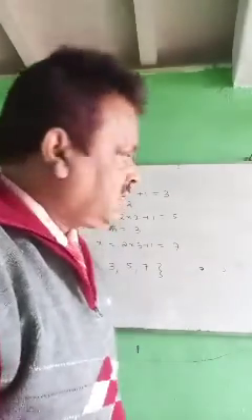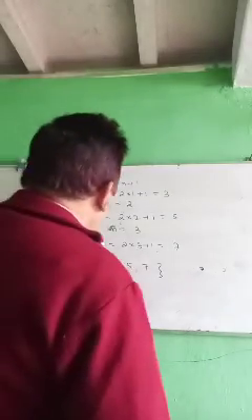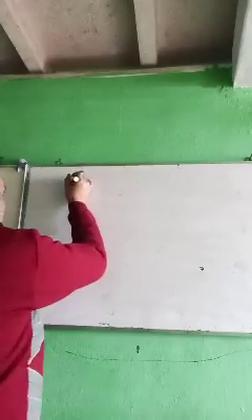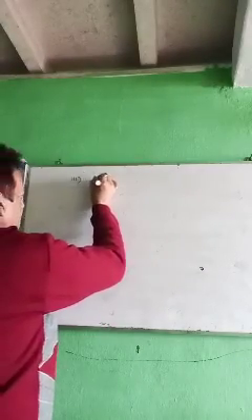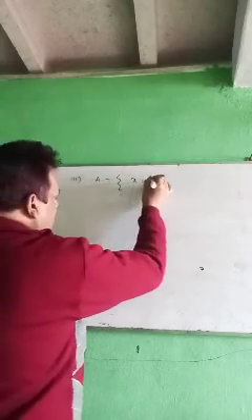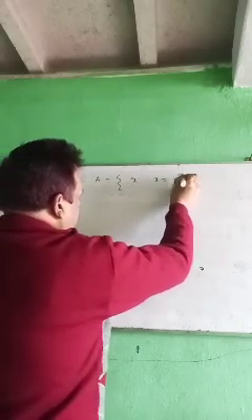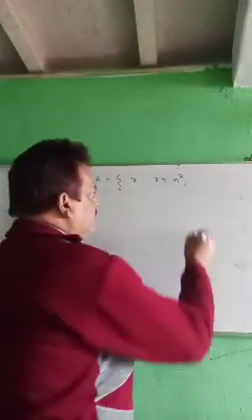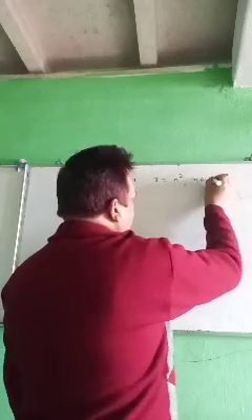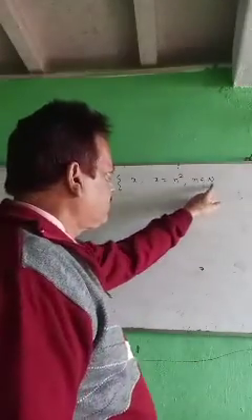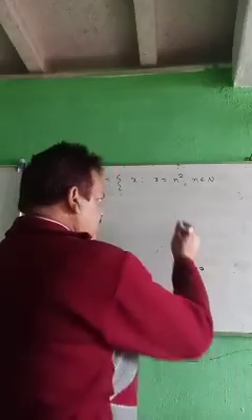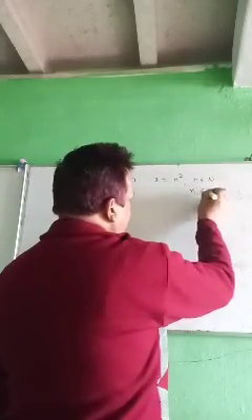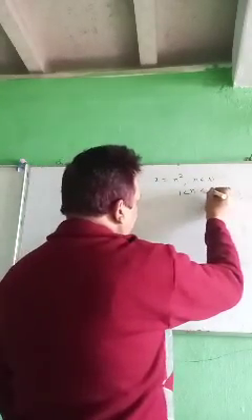Okay, see another one. A is a set of all x such that x is equal to n square. n belongs to natural number, and n lies between 1 and 5.